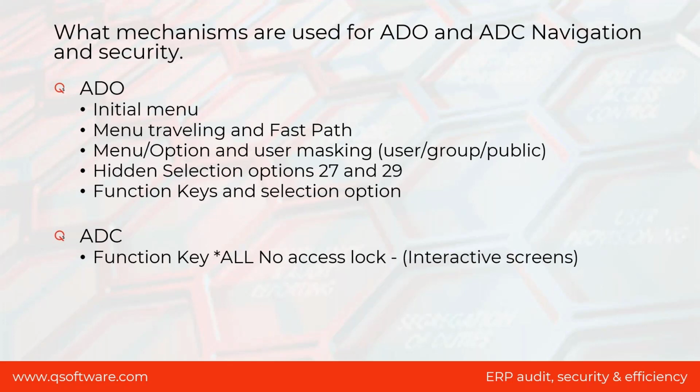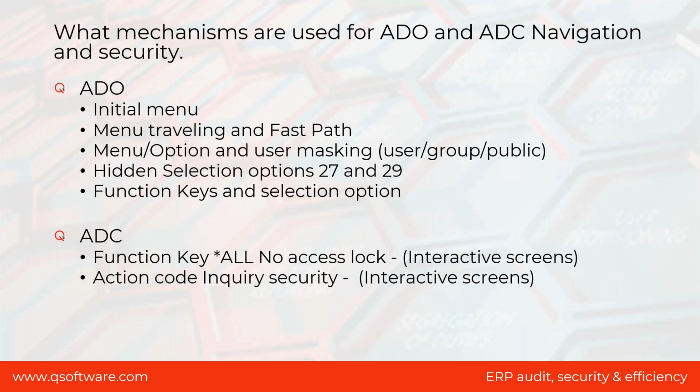From an all doors closed perspective, what's available to us? Well, I'm amazed actually how frequently customers don't know about the function key star all no lock, and I'll be going through that today. For people, particularly people on older releases of World, we have what's called the function key star all no lock. And if you're on A92 or above, that's when Oracle JDE brought in the action code inquiry security capability.